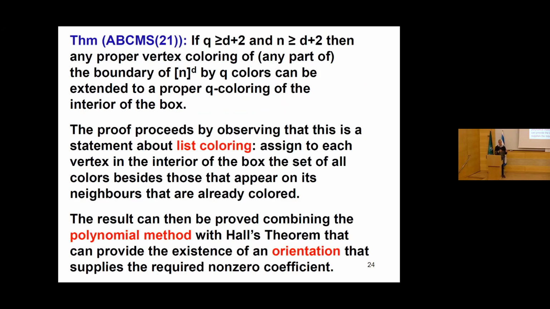This orientation will tell us that the relevant coefficient is not zero, and this is because the graph here is bipartite. So once you have something that contributes to this coefficient, it will be non-zero. Now I realize that it's impossible to follow much here, but at least you get a flavor of things.